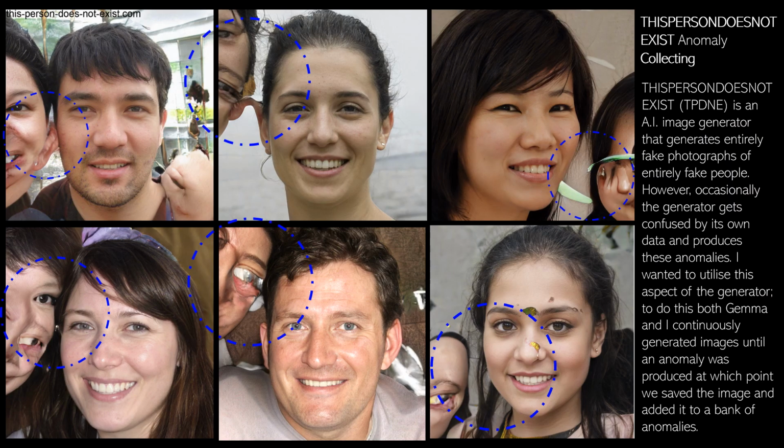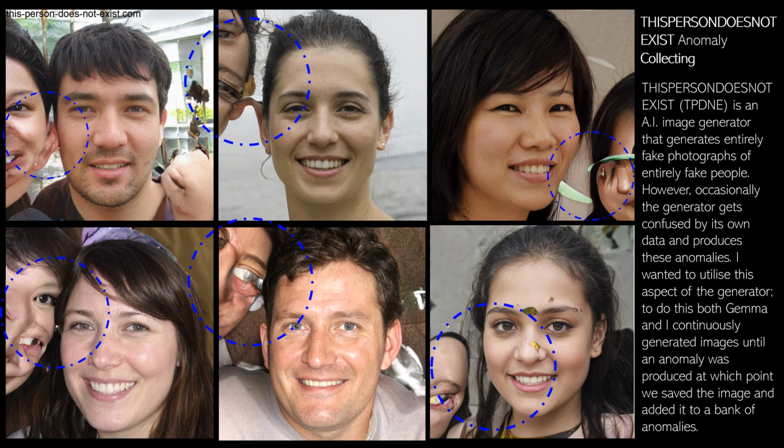Another part of the research for this project was looking at AI image generators, one in particular called This Person Does Not Exist. What this image generator does is it has a huge database of different images of people, and it will just construct a fake image of an entirely fake person, just for the idea of it. But with this image generator, every so often it gets confused by its own data.